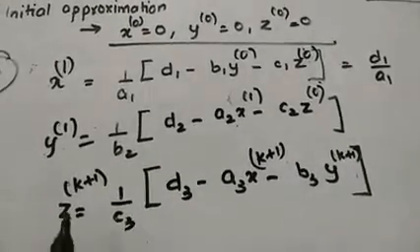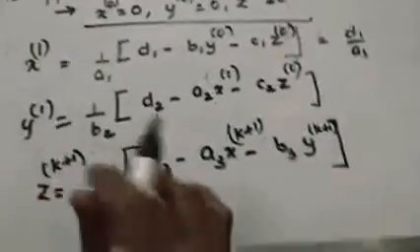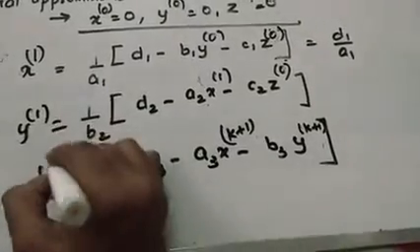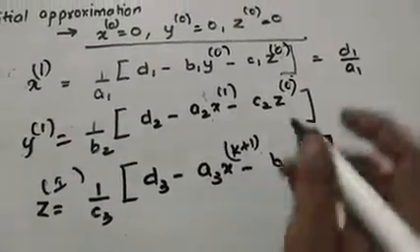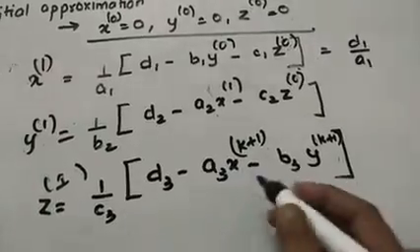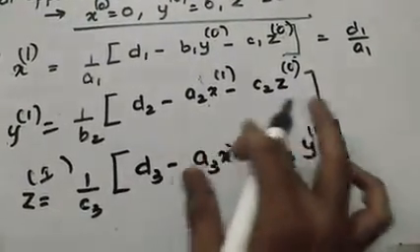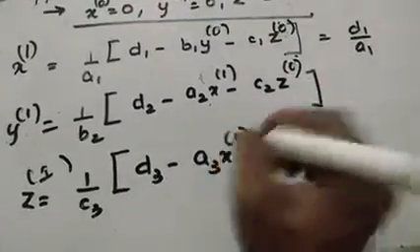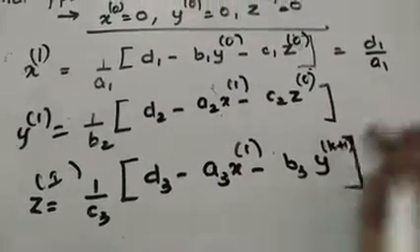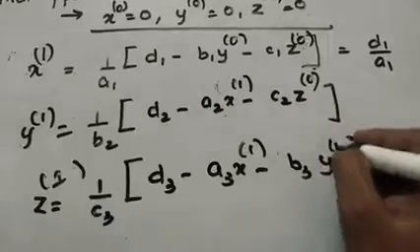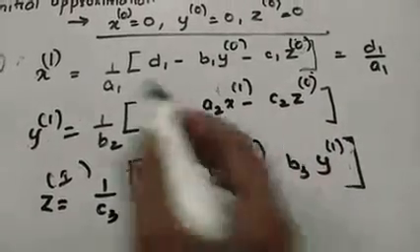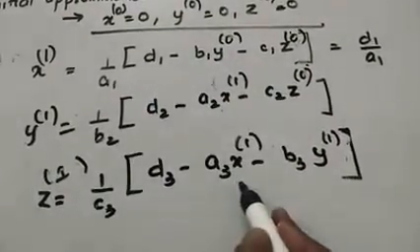Now lastly for z, putting k equals 0, it will become z1. In this iteration step we have already found x1, so we will use that. You can see that we already found x1, and we use that value here.